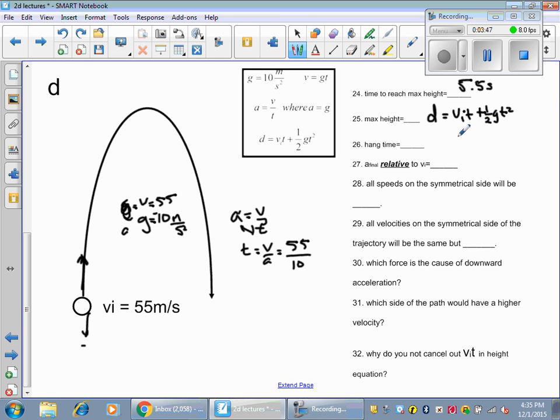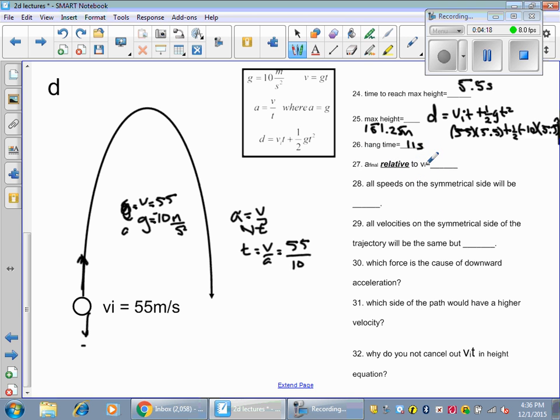So velocity initial is 55 times your time, which is 5.5 seconds, plus 1/2. Your g is negative though, right? Negative 10 times 5.5 squared. So on that one you end up getting 151.25 meters. Hang time is always just double the max height time, so it's 11 seconds.